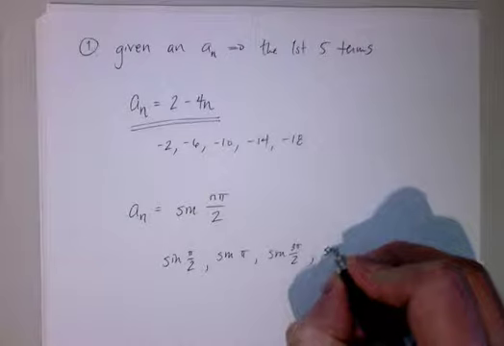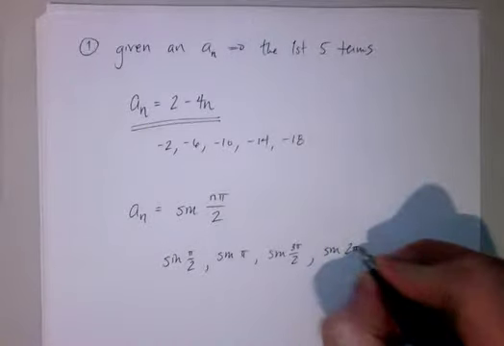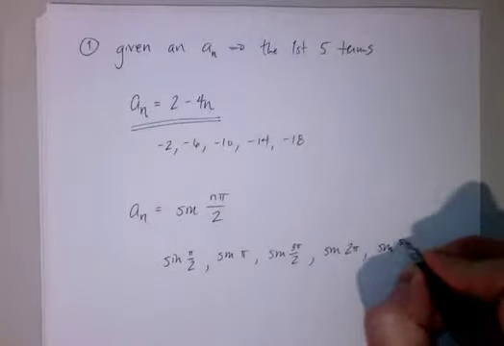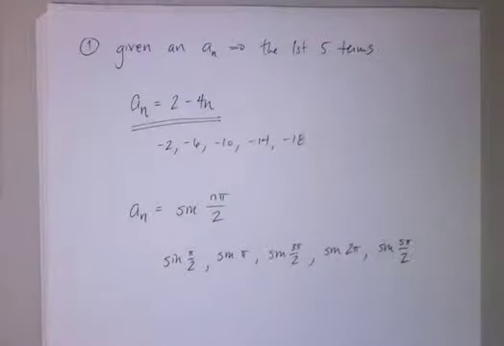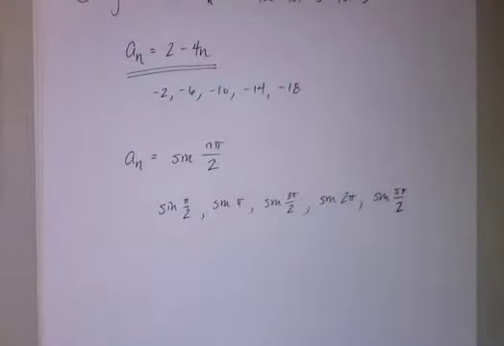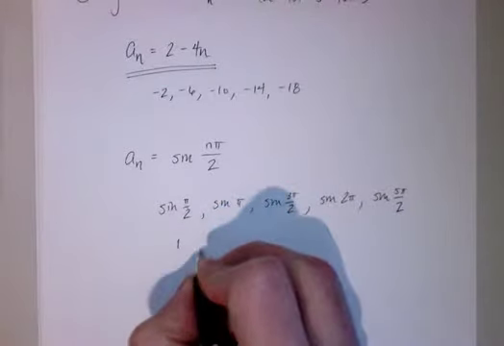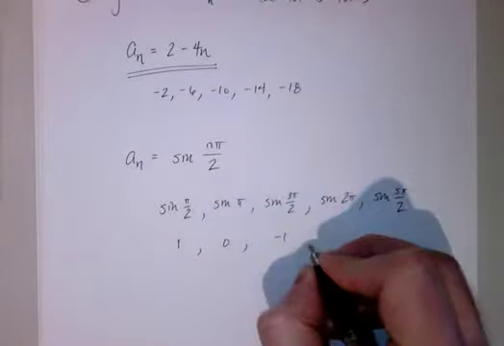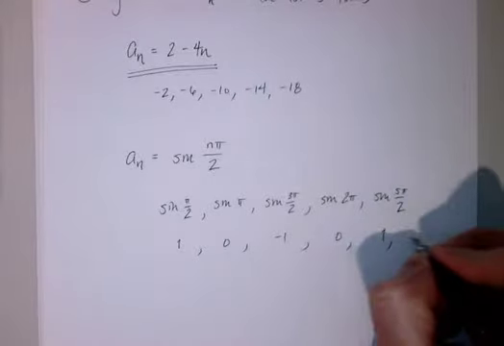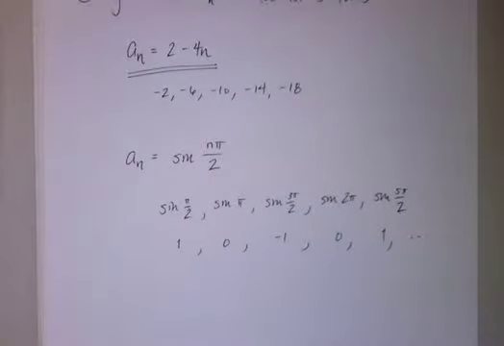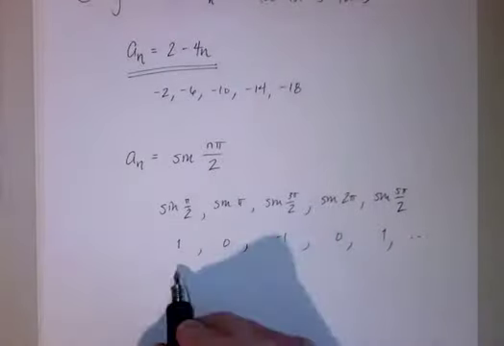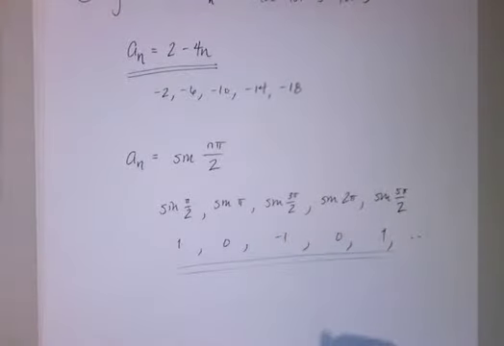Then plug in 4 and get sine of 2 pi, and then sine of 5 pi over 2. Of course, those have actual values: sine of pi over 2 is 1, then 0, negative 1, 0, 1, and so on all the way out. Now, of course, there are other ways to get this string of numbers. This just happens to be one of them.